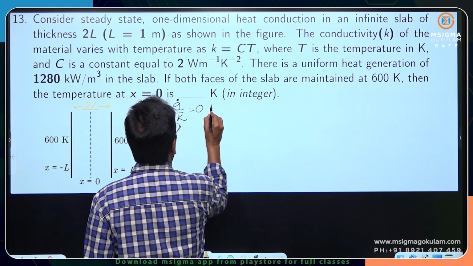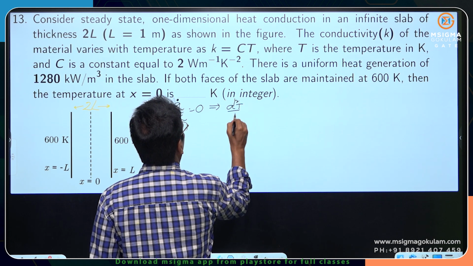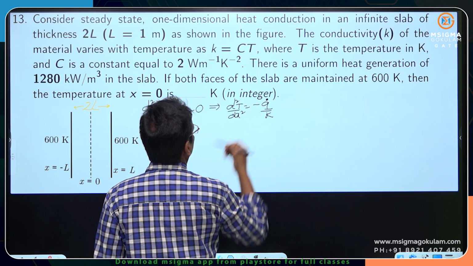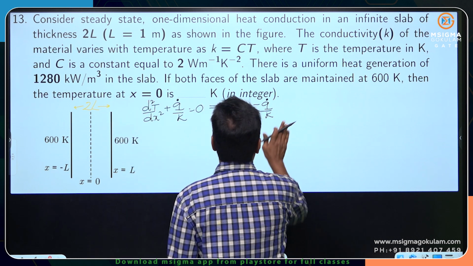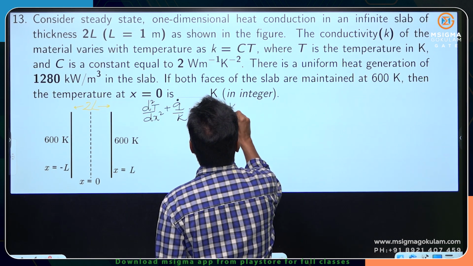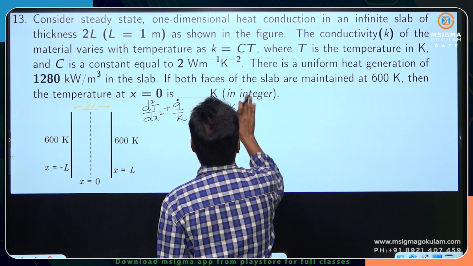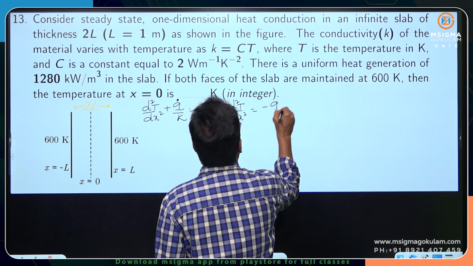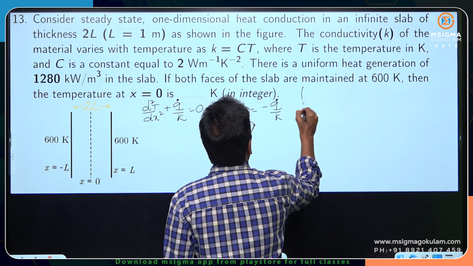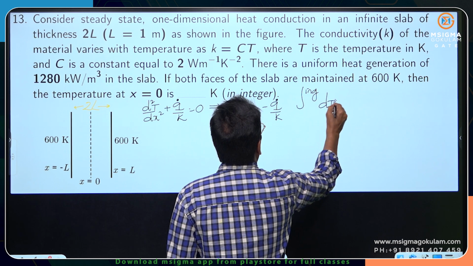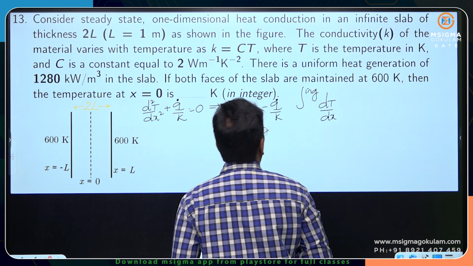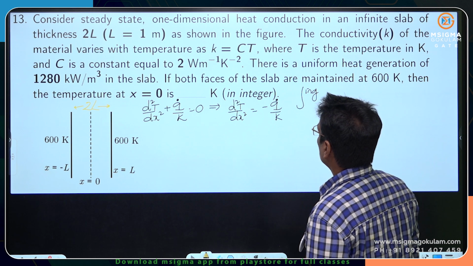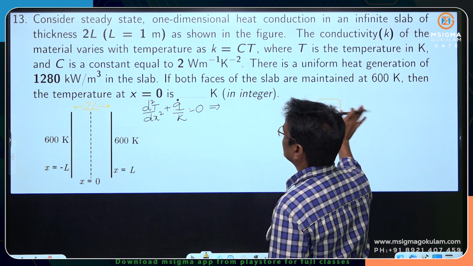So d square T by dx square is equal to minus Q dot by K, or otherwise K into d square T by dx square equals minus Q dot. But before writing this, I would like to write it like this.